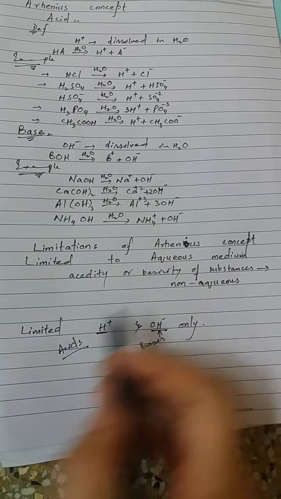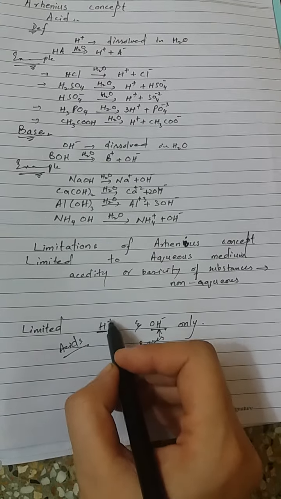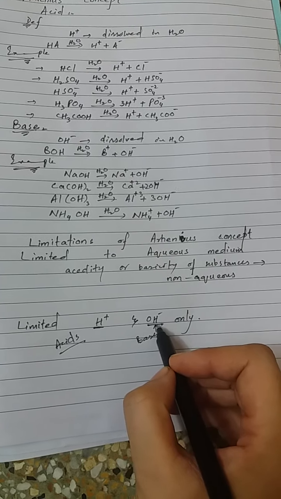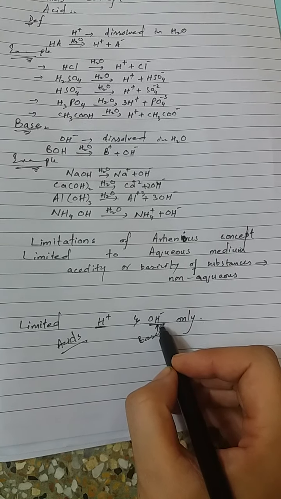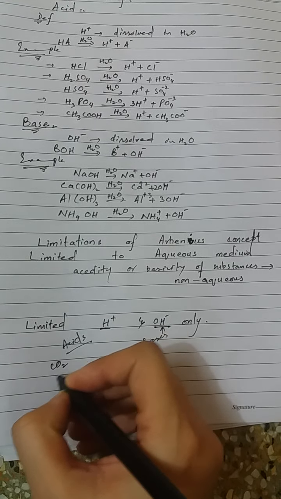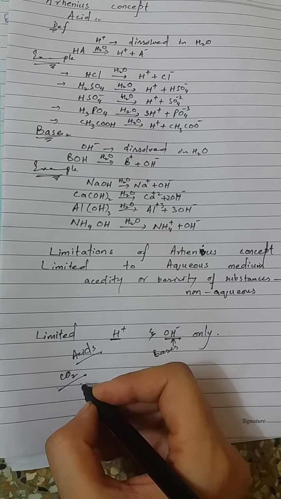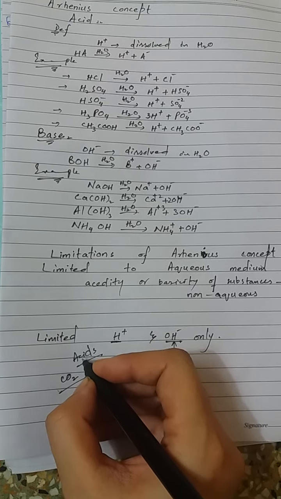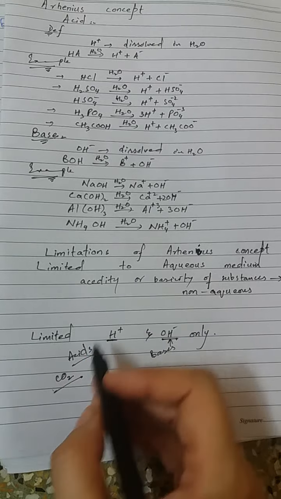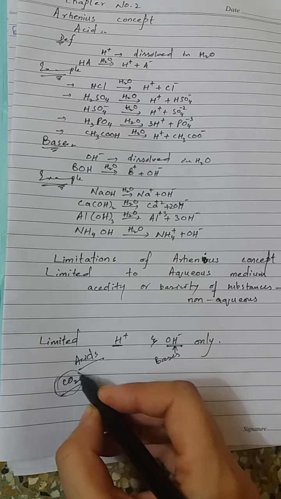Other species such as CO2 are also acidic in nature, but do not contain any hydrogen ion, but still it is acidic in nature. So here Arrhenius concept does not explain the acidic behavior of CO2.